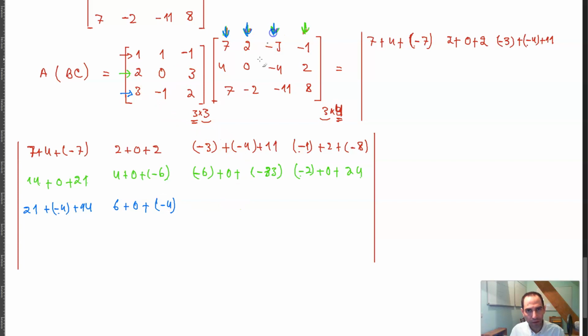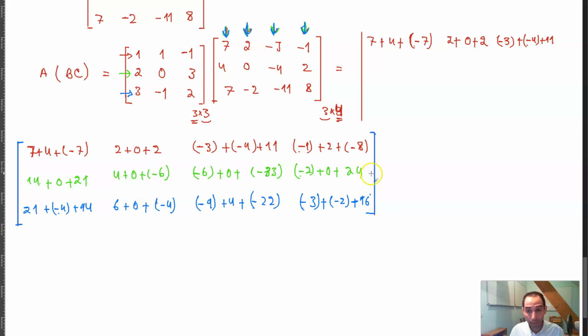Then 3 times negative 3 is equal to negative 9, negative 1 times negative 4 is positive 4, and 2 times negative 11 is equal to negative 22. Then 3 times negative 1 is equal to negative 3, plus negative 1 times 2 is equal to negative 2, plus 2 times 8 is equal to 16. And I'm going to close this matrix here, and then we will add the whole thing together.